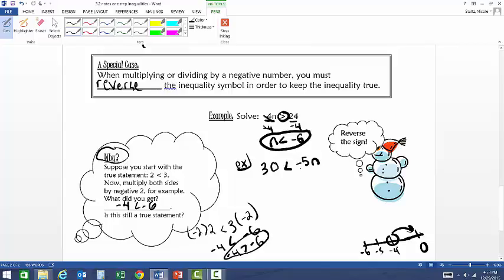So to get n alone, we need to divide by negative 5. But because I divided by a negative, I have to flip my sign around in my answer. 30 divided by negative 5 is negative 6.